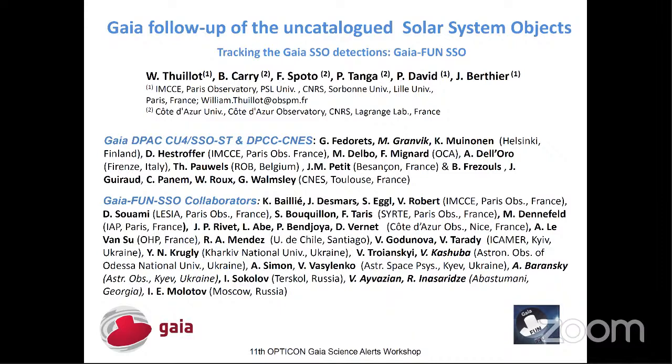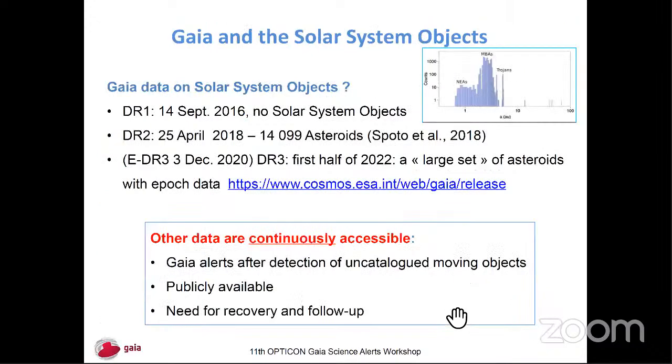The first group is the core team of the activity, but we have also people from the DPAC Coordination Unit 4, related to the SSO, Solar System Objects, and also many collaborators from outside, who are observers mainly from different countries. And all these people allow us to deal with the detection of potentially new asteroids by Gaia.